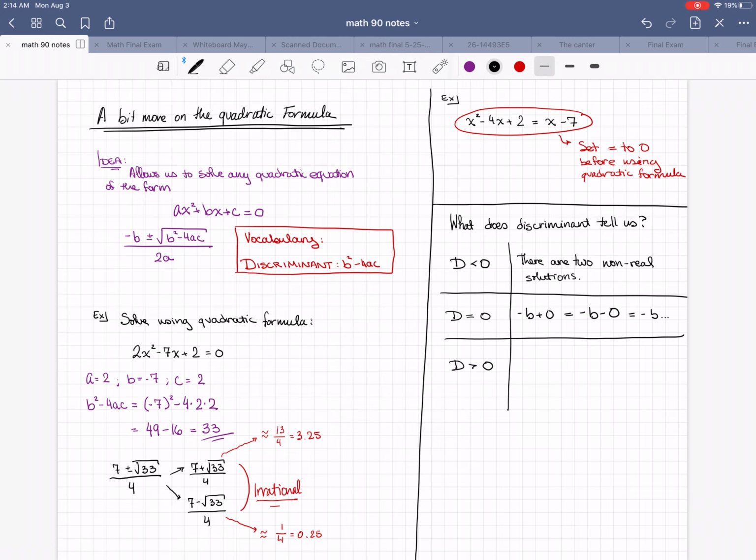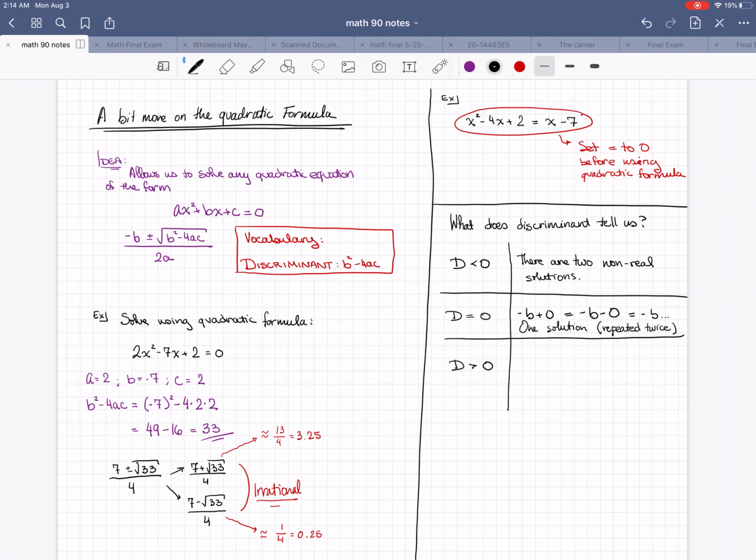So if your discriminant turns out to be 0, you don't have two different solutions the way that we had in our example that we worked out. You have only one solution. Now, it's what we call a repeated solution. And that's important, but we'll talk more about why it's important later.